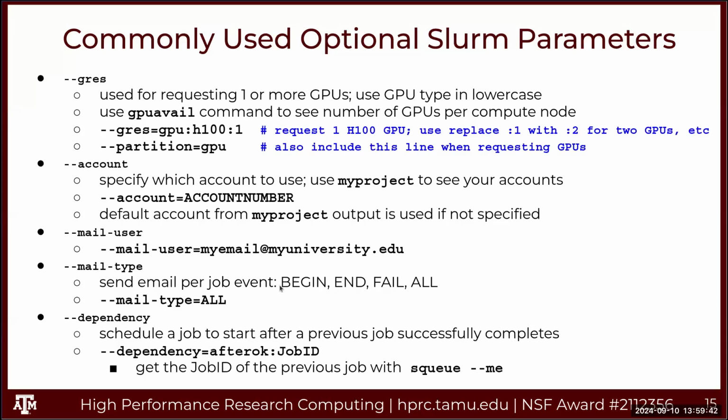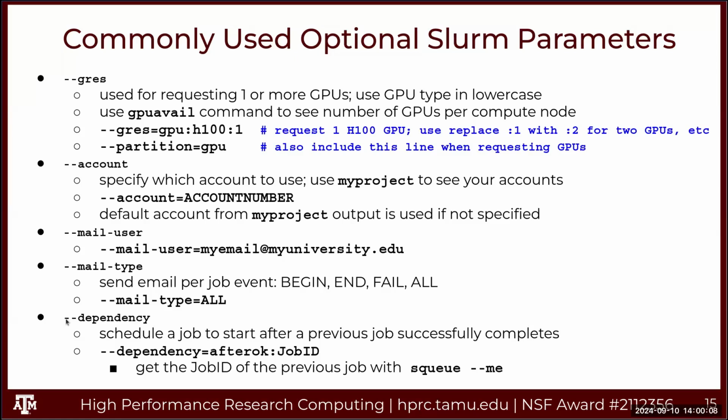Otherwise, you'll get one when it begins and one when it ends. And if you configure too many jobs running at the same time, and each one of them is sending an email at the beginning and end, you're going to get a lot of emails, more than you need. So just be careful when using this parameter.